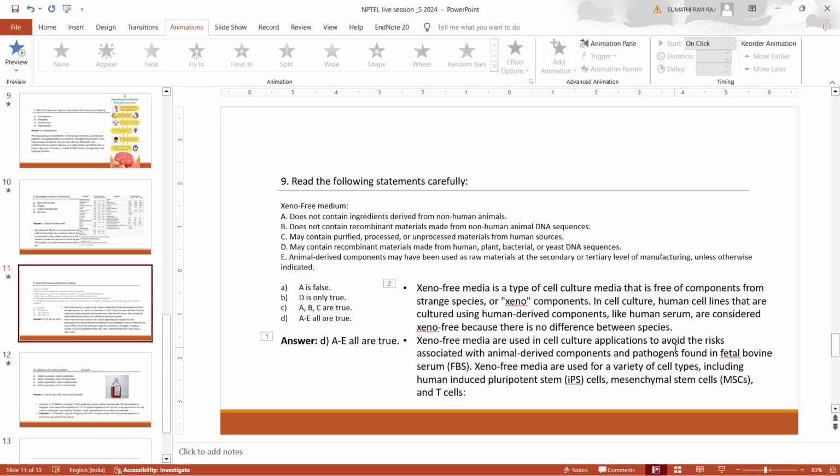It may contain recombinant materials made from human, plant, bacterial, or yeast DNA sequences, but not animal DNA sequences. Animal-derived components may have been used as raw materials at the secondary or tertiary level of manufacturing, which are processed, and unless otherwise indicated, mostly that also should not be used. So your answer for this is all A to E are true.